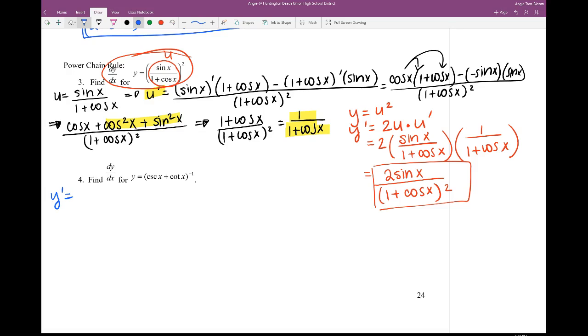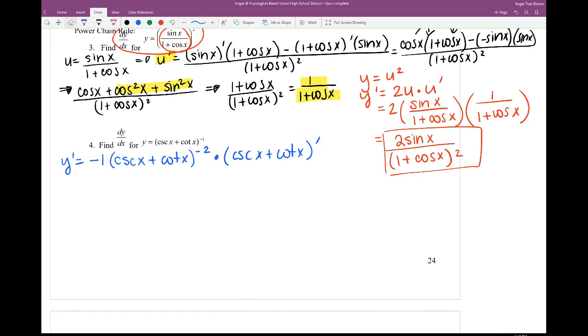You can just do the power rule. Here we go. The derivative y prime: you bring down the power, okay? Then you copy the inner component and subtract from the power. -1 minus 1 is now -2. But you still need to multiply by the derivative of the inner component, okay? So, what does this look like? Slowly and surely, let's work it out.